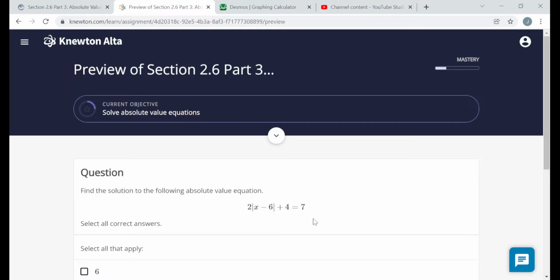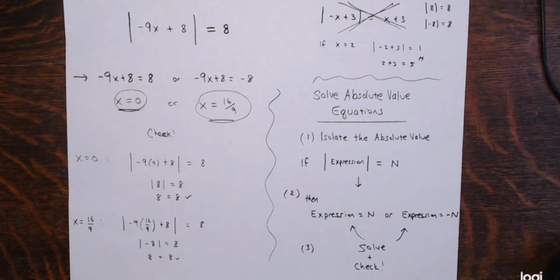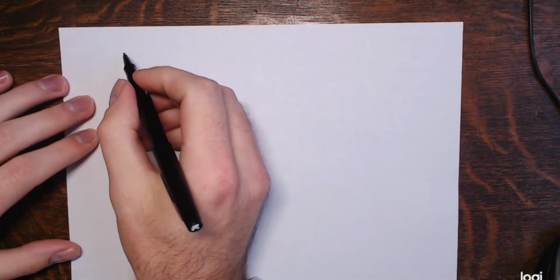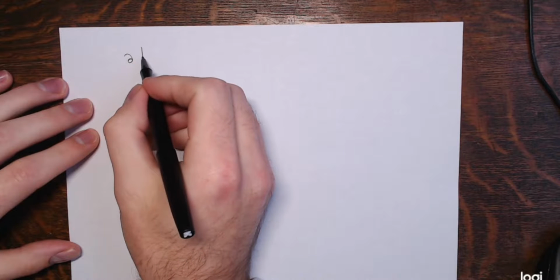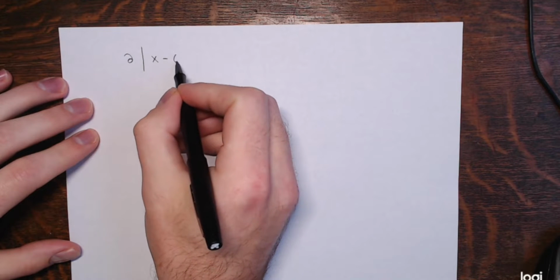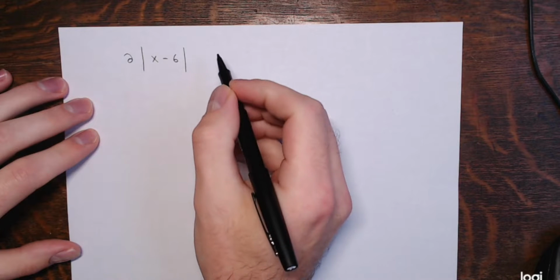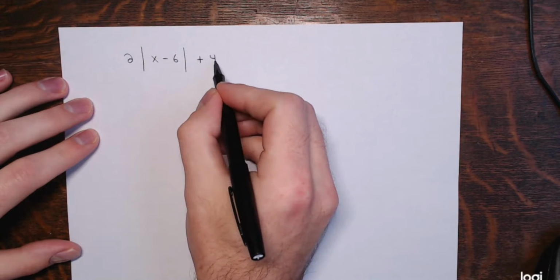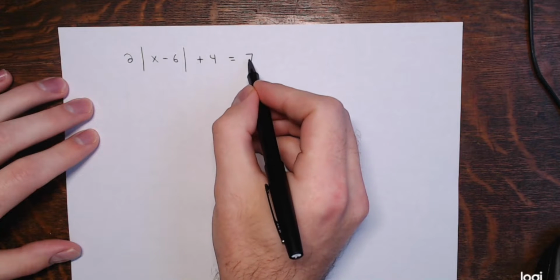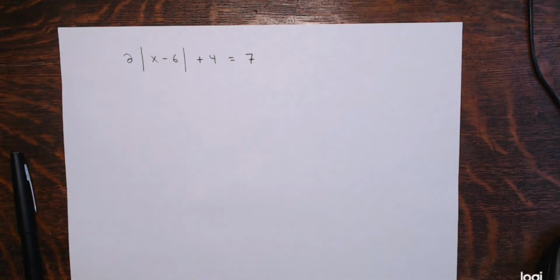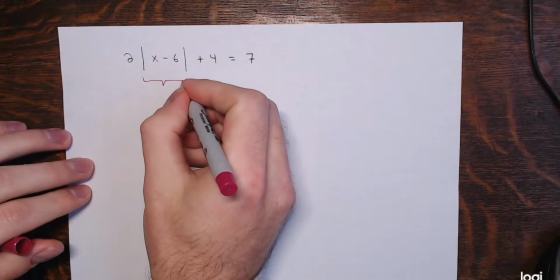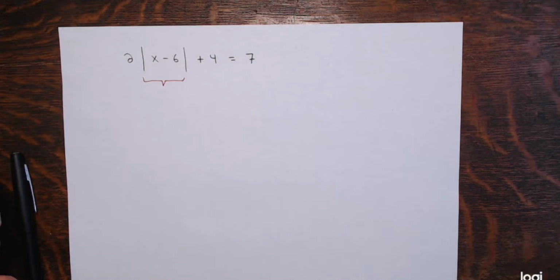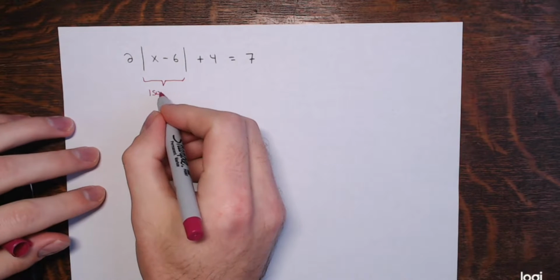So this one I have to do a little more in the beginning, moving terms around to get the absolute value alone. So you have 2 times the absolute value of x minus 6 plus 4 equals 7. As I was saying in the steps on the previous page, this absolute value of x minus 6, the absolute value of an expression with a variable, I want to get that all by itself.